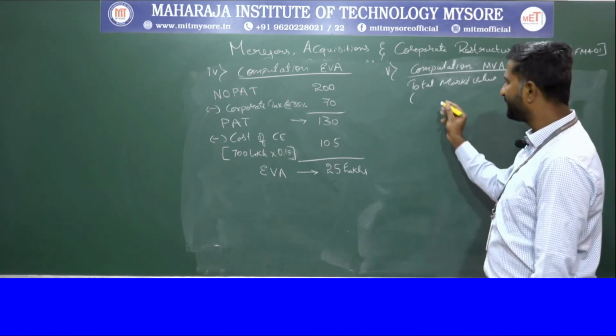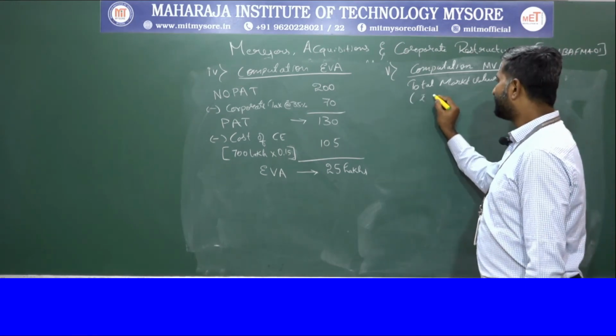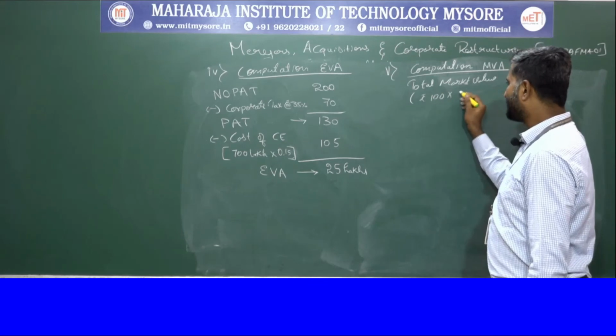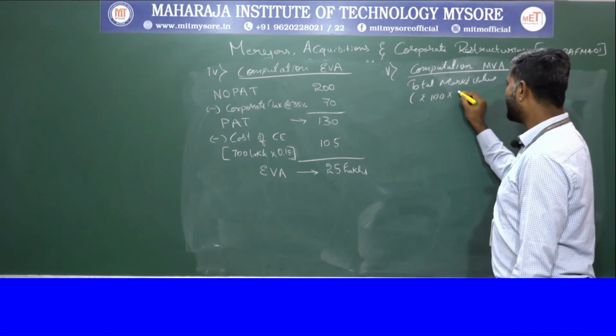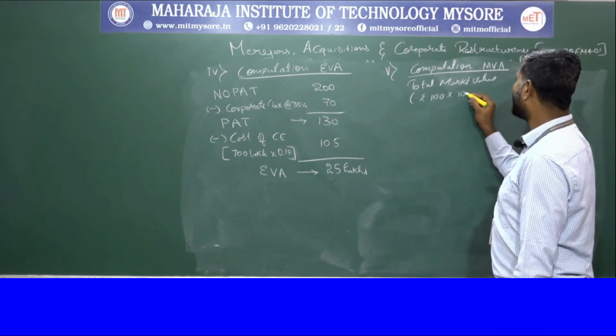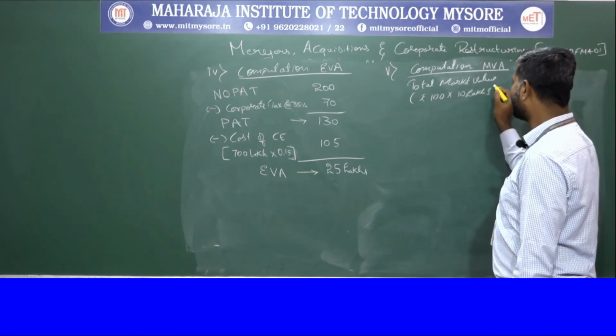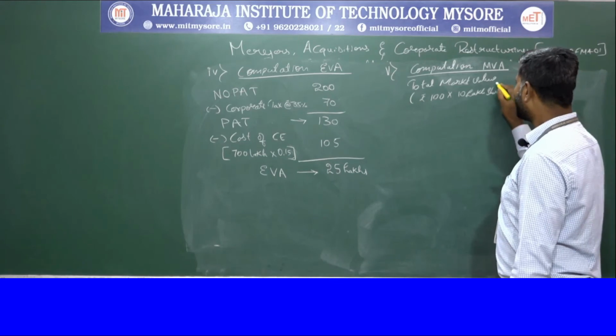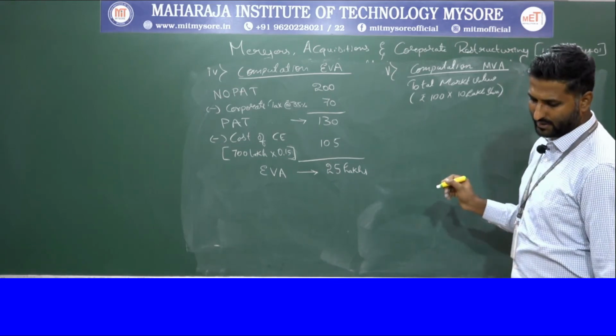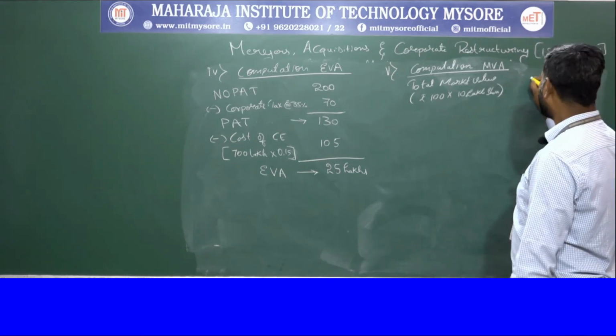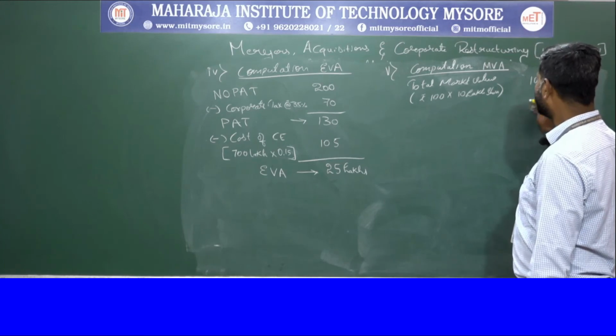As we already know, the market price given is 100 and the total number of shares is 10 lakh shares. So therefore we are resulted with 1000 lakhs.